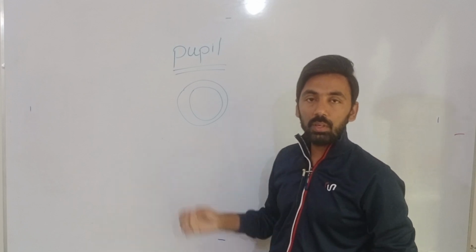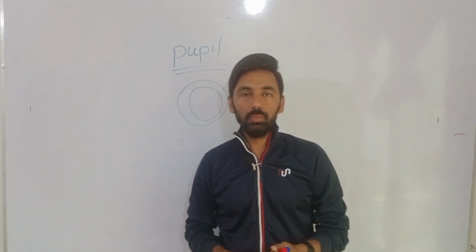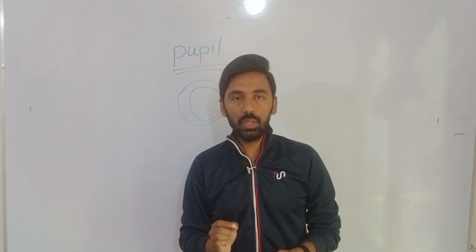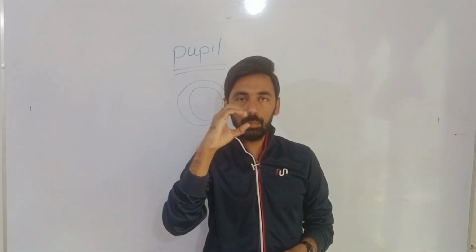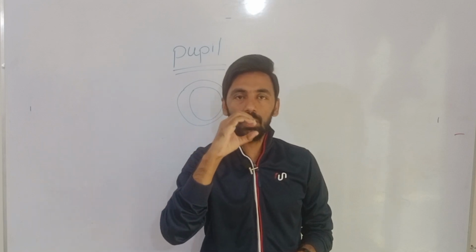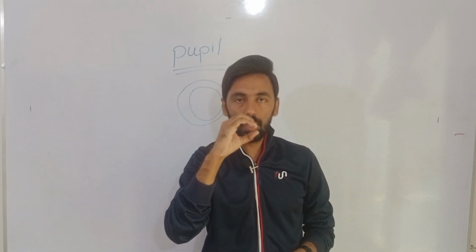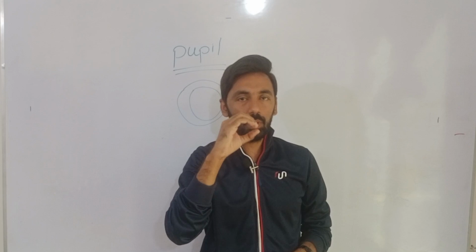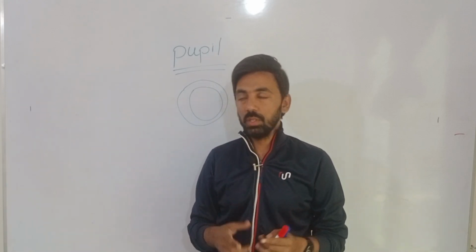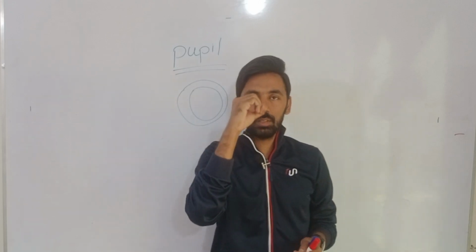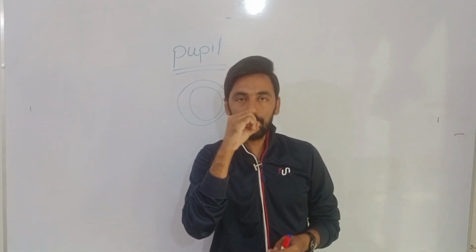How? You know very well, to get the best, sharp visual acuity, the pupil should be at its optimal opening, at its normal opening. You know very well that the sharp focus, the depth of focus, will increase if the pupil is constricted.